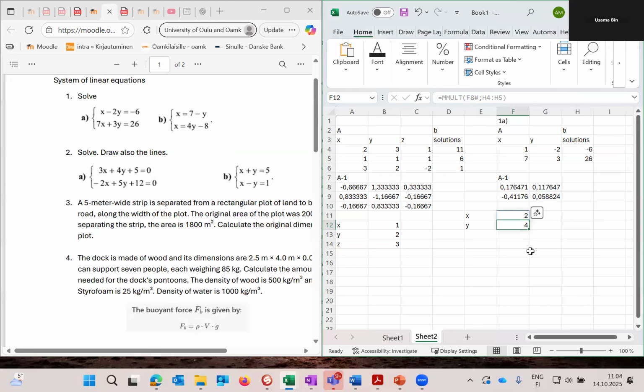And with electrical circuits, for example, there you need to calculate many things, you would need to use systems of equations, but I don't know how much you will be doing electrical circuits in mechanical engineering.